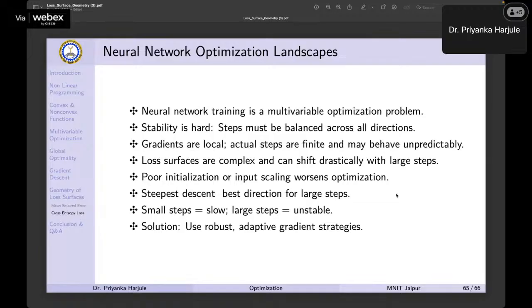Multivariable optimization problems often face stability challenges because we must perform the steps along each direction in the right proportion. This turns out to be very hard in the neural network domain, and the effect of the gradient descent step might be somewhat unpredictable.